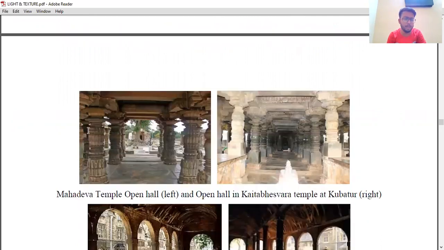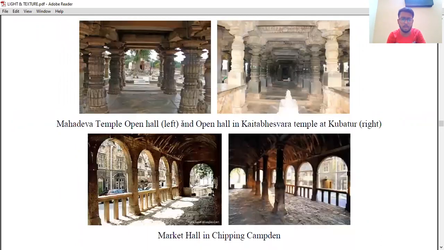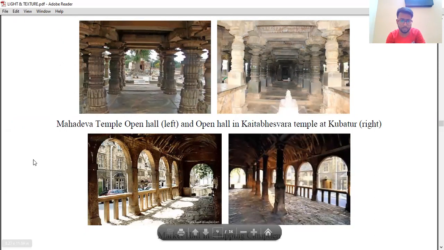The Mahadeva Temple open hall, and on the left, an open hall in the Kaita Vaveshwara Temple in Kubatur. These are two different temples with columns, open on all sides, with light entering from all sides.